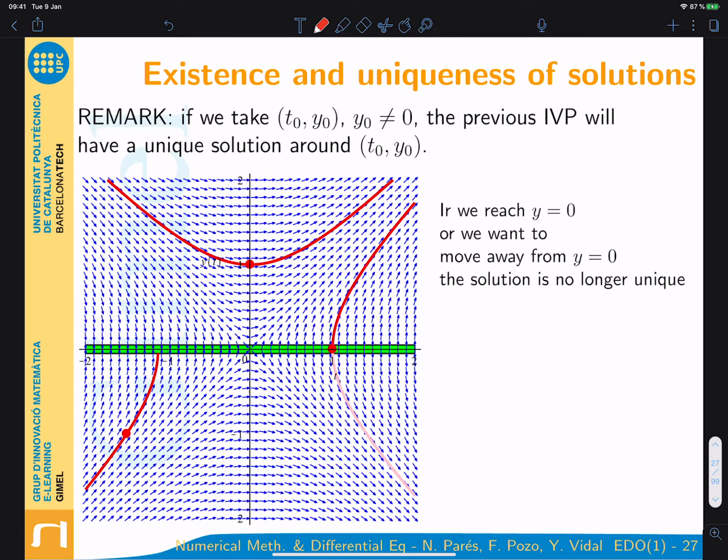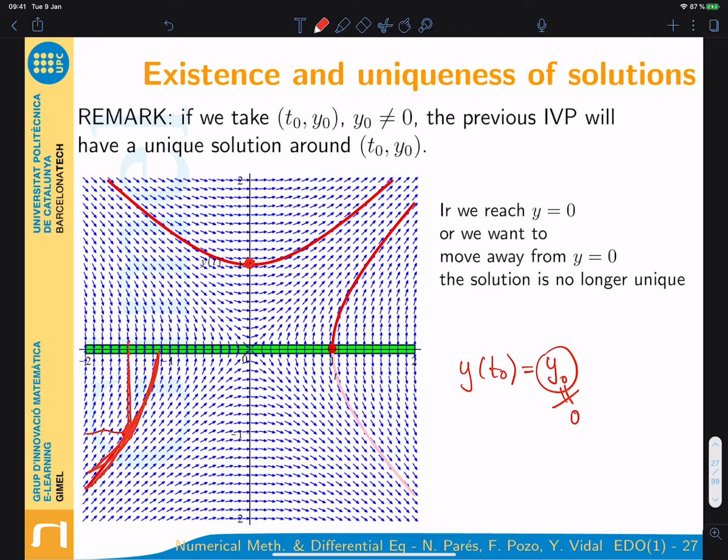This is a remark about this ODE. We can see here that the solution would be unique if the initial condition is given at points where y0 is different from 0. For example, this value here could be used as an initial condition and the solution would be unique.